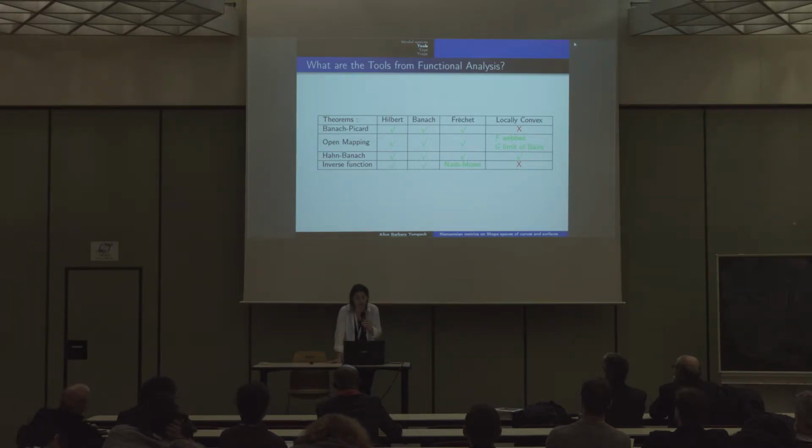And the Hahn-Banach theorem is valid everywhere. And the inverse function theorem, if you add the Nash-Moser version of it, you can have it in Hilbert, Banach, and Fréchet setting. In locally convex spaces, I don't know. There's no theorem as far as I know.